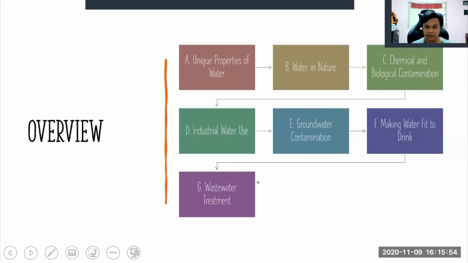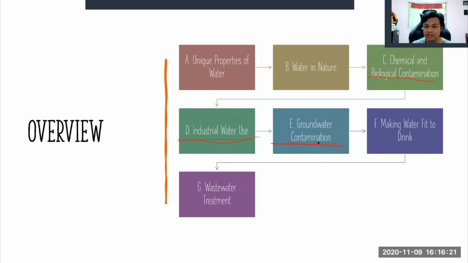First we'll be discovering the unique properties of water, and then we'll see how water exists in nature, and then its chemical and biological contamination, so what contaminates it chemically and biologically. Then the favorites of chemical engineers, which is the industrial water use, and then the groundwater contamination.